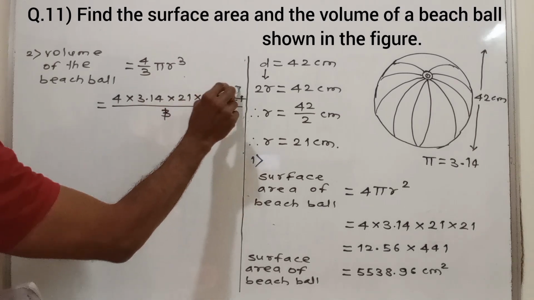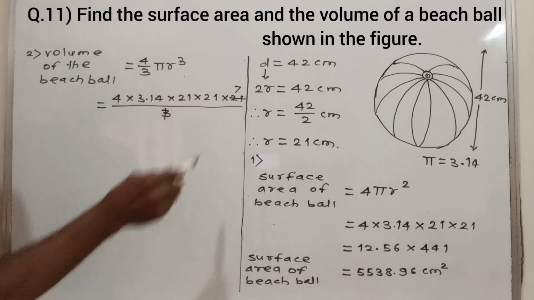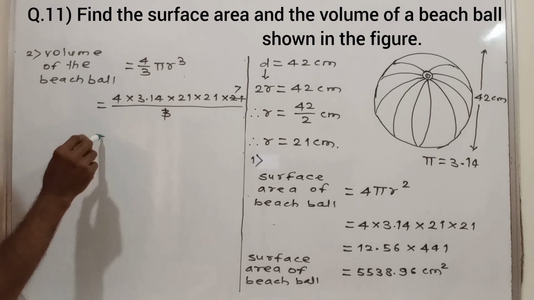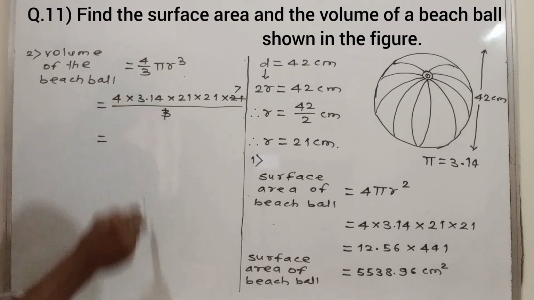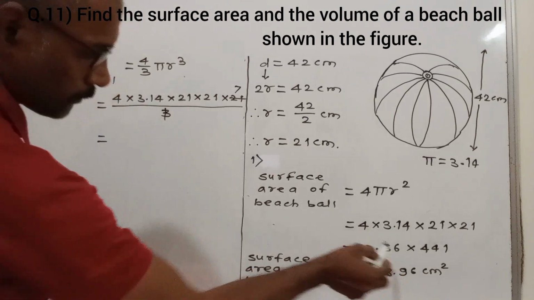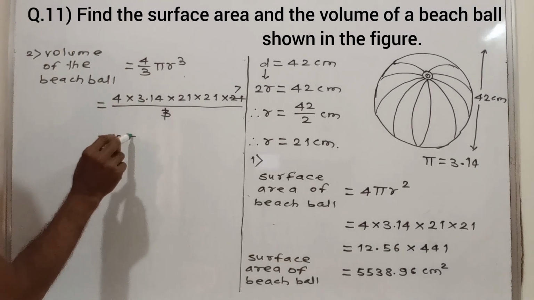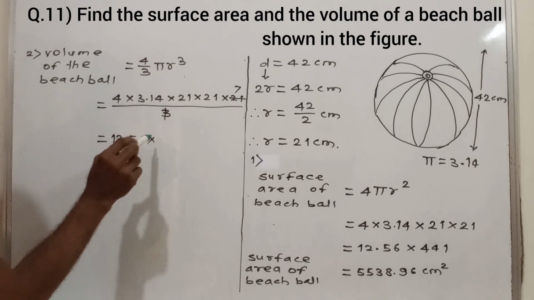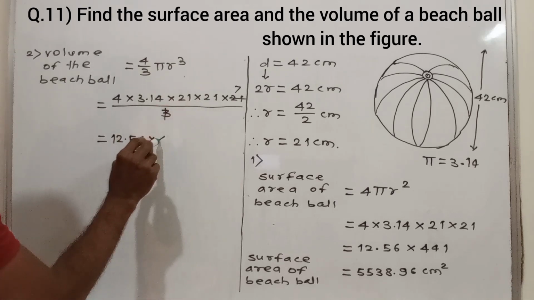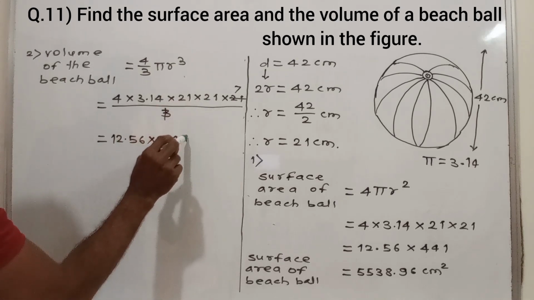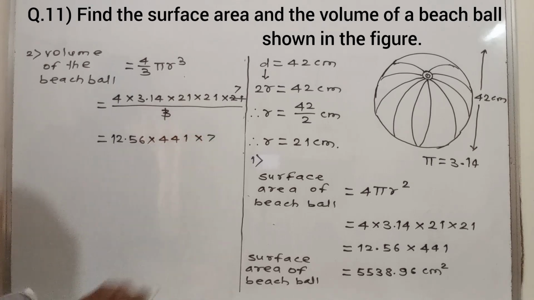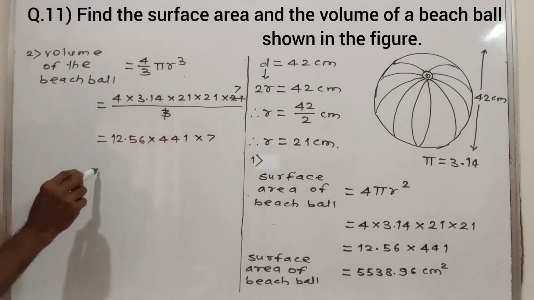3 sevens are 21. Therefore, product of these two I have written here. See this, 12.56 into product of these two, 441 into 7. Okay.